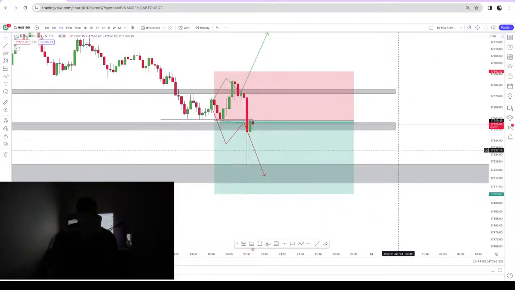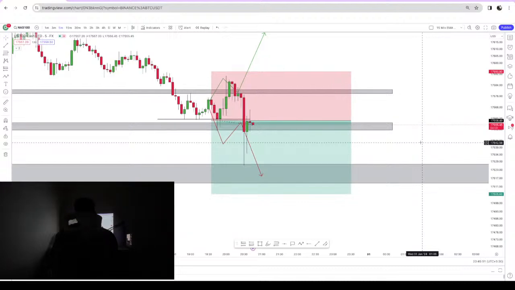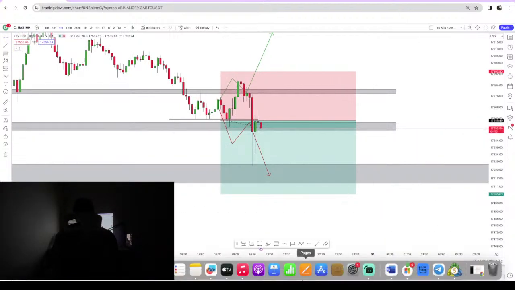If it won't close below, I won't add any position. So it didn't close below, so I'll not add any position.